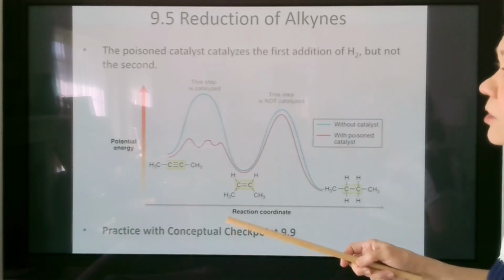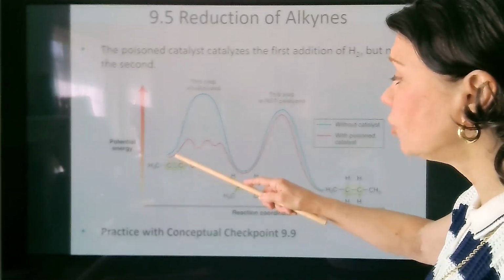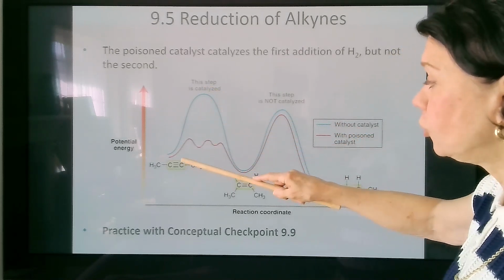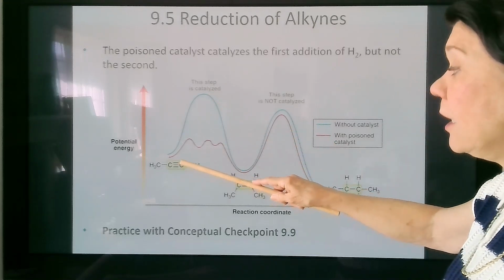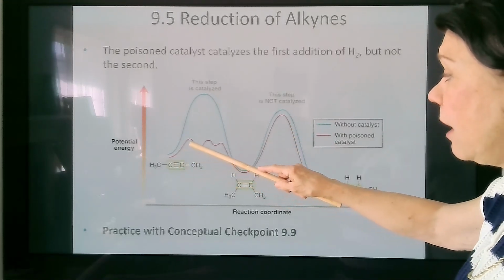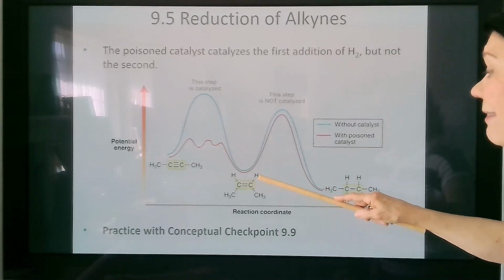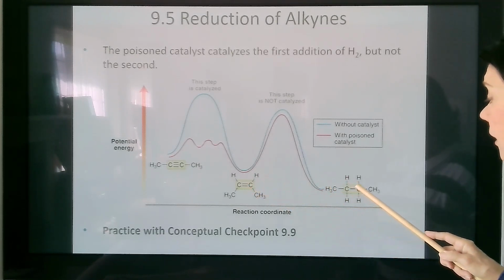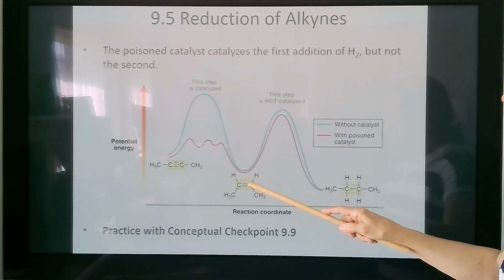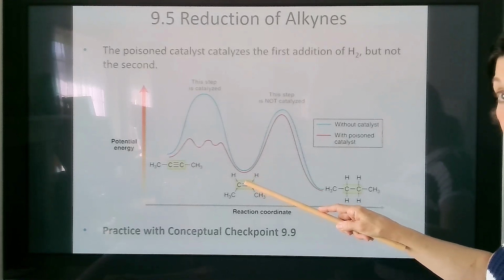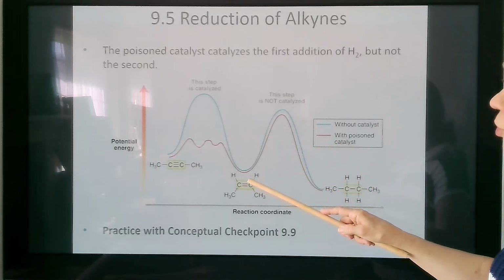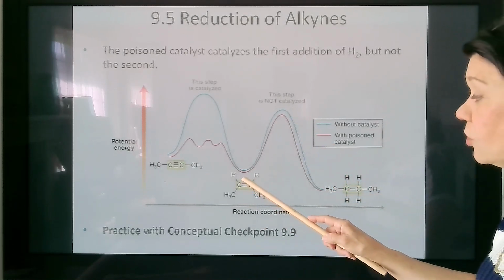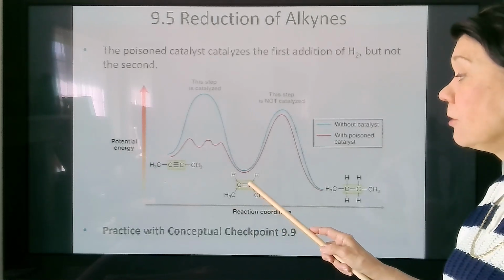When I said the poisoned catalyst, it catalyzes the first addition, so it reduces the energy of activation of the first addition. The first equivalent of H2 adds across the triple bond and follows this lower energy pathway. The second addition of H2, which would give you the alkane, does not provide a lower energy pathway, so the catalyst does not catalyze this next reaction, and it stops at the alkene.